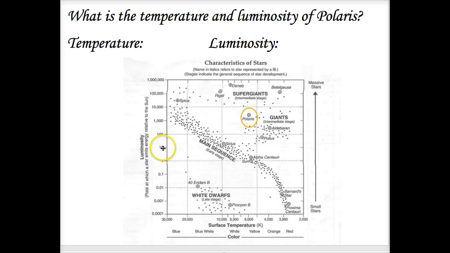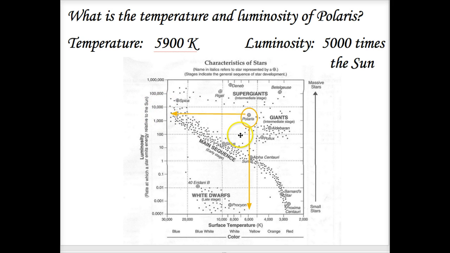Here we're going up by ones, now we're going up by tens, here we're going up by hundreds, here we're going up by thousands. So we can see that the temperature of Polaris, again, just like our sun, they line up really well, is about 5,900 Kelvin. And the luminosity is going to be around 5,000, which is 5,000 times more luminous than our sun.